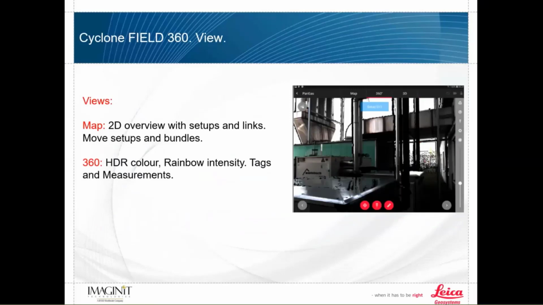Field360, again, is going to give us a couple of different views. We're going to have a map view in there, that is basically our 2D floor plan. We also have the 360 view, which gives us the opportunity to view the photographs in a panoramic situation directly on the iPad while I'm in the field.